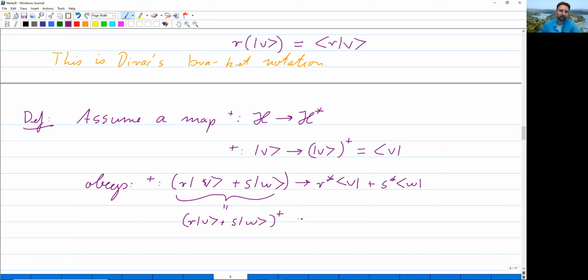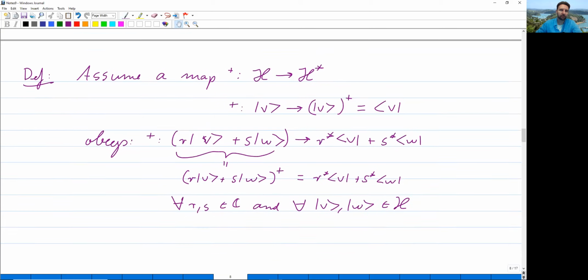So this then is R star bra V plus S star bra W. And this is supposed to hold true for all R and S complex numbers, and for all V and W in the original complex vector space. Then, assume we have such a Hermitian conjugation map.